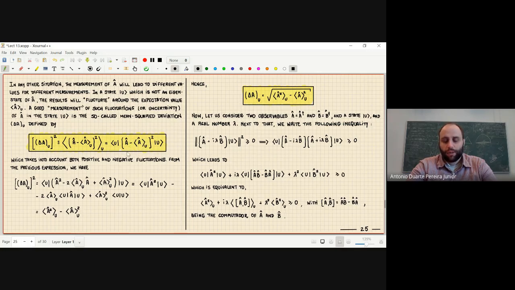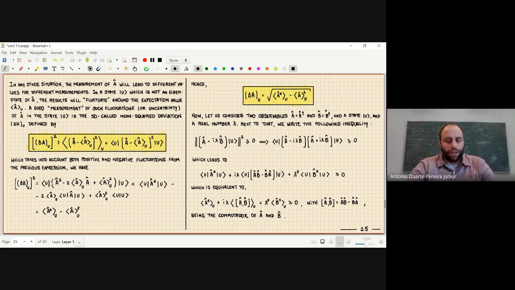I can simply write that the two cross products are the same thing. So I have minus twice, because of this minus sign, the expectation value of A times A. And finally, I have the square of the second term, which is plus the expectation value of A squared.